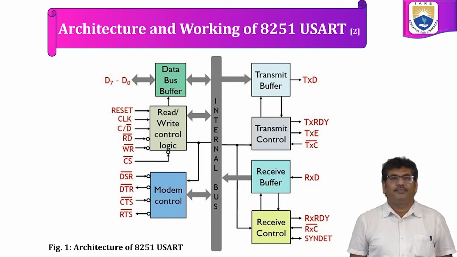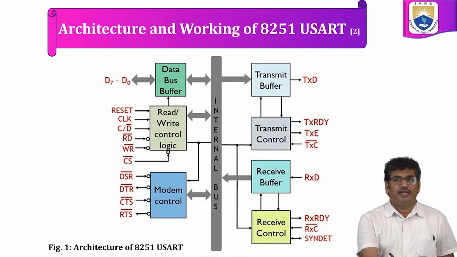The block diagram or architecture of the 8251 USART is shown in figure 1. Here, this is the internal bus, which is used for data transfer from one block to another block.